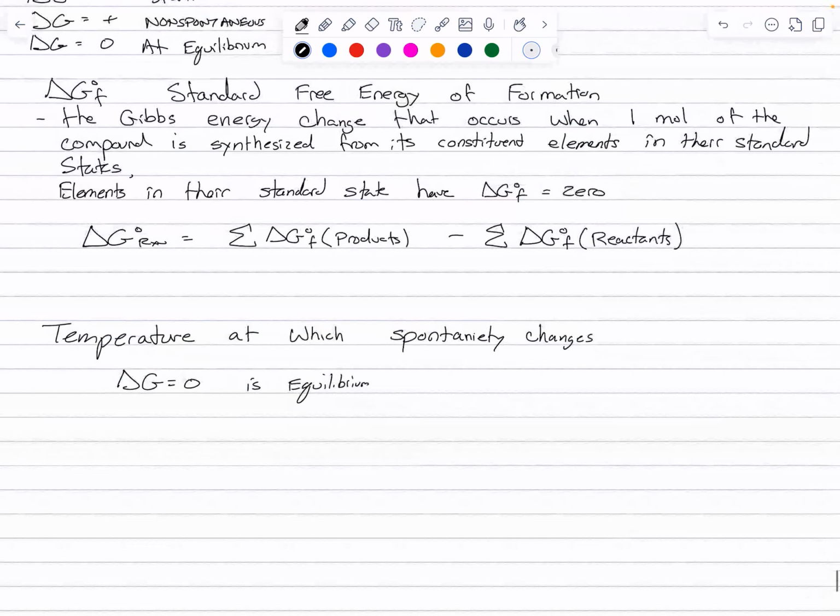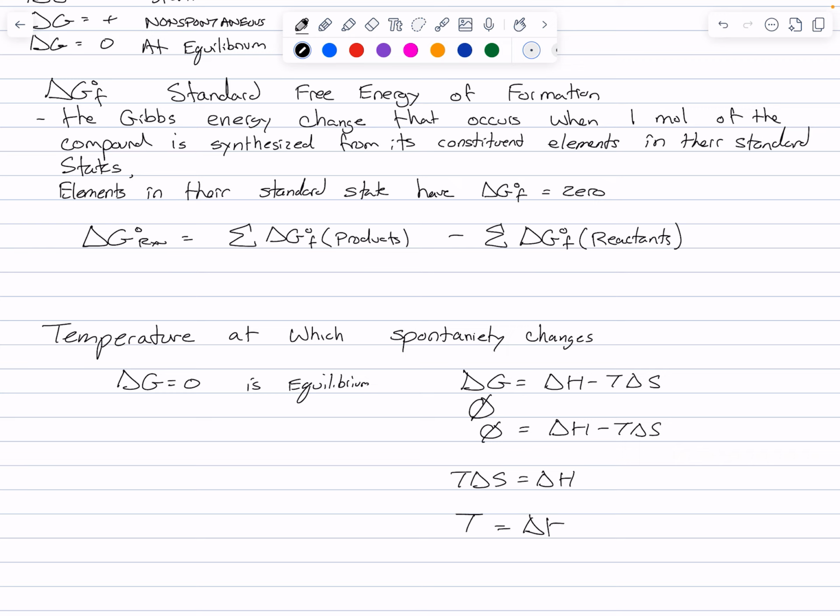All right. And so if we get delta G equals delta H minus T delta S, right? If this is 0, that means we'd have 0 equals delta H minus T delta S, which means I'd have T delta S equals delta H. So that means temperature equals delta H all over delta S. And these are all of the reaction, right?